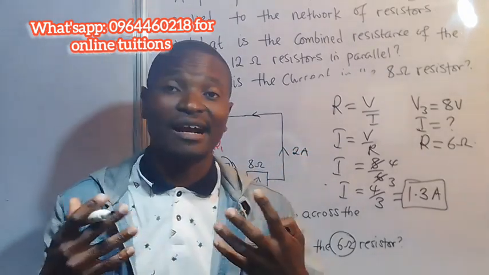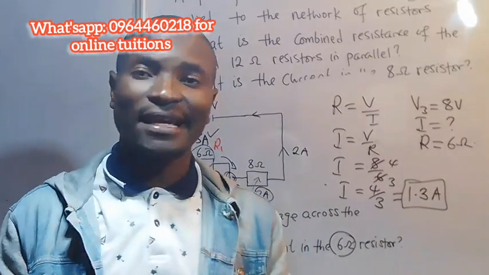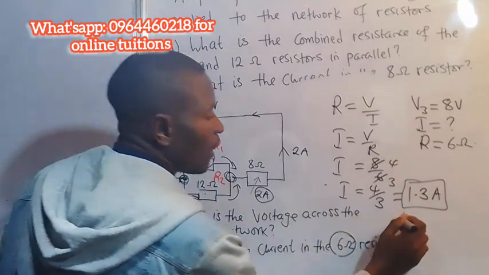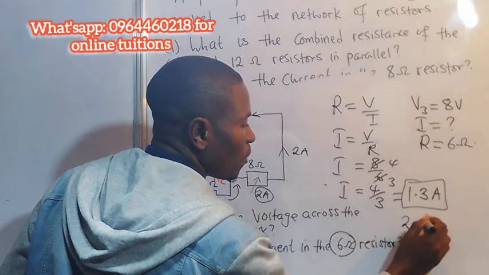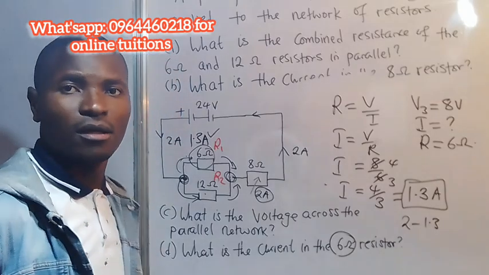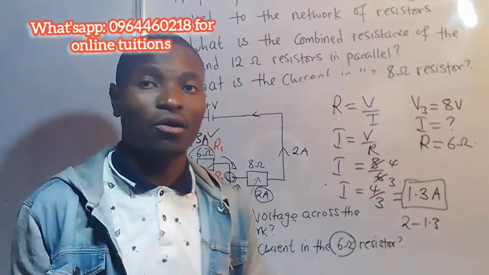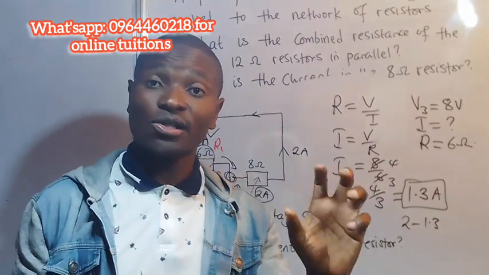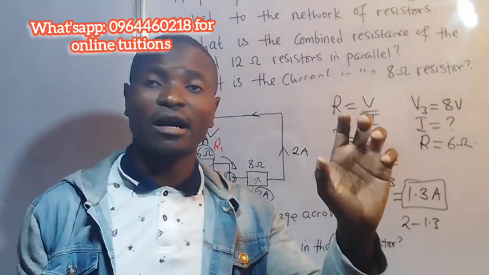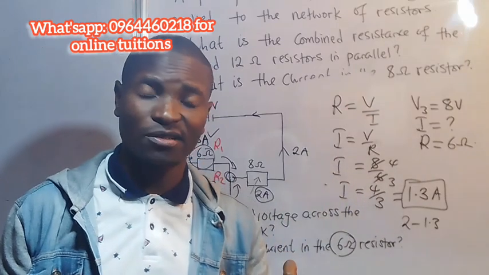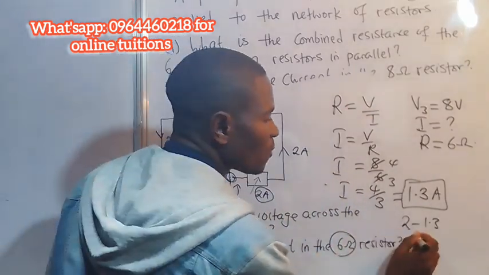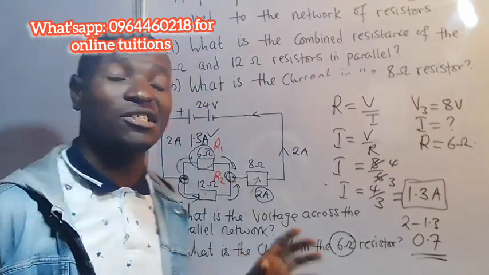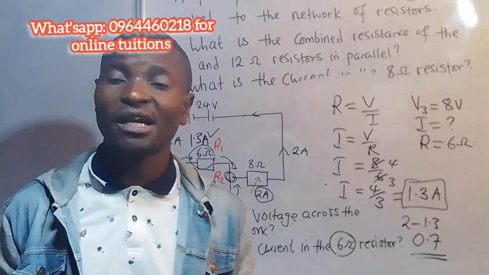To find the current passing through the 12 ohm resistor, I'll just say 2 minus 1.3, because the 2 is the total current flowing in the entire circuit, and I know that on the 6 ohm resistor it is 1.3. So obviously, this will give me 0.7 amps flowing to the 12 ohm resistor.